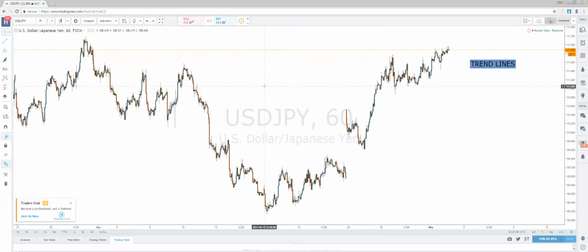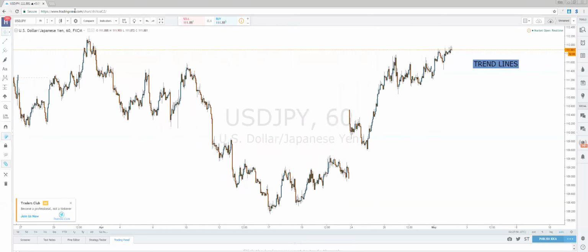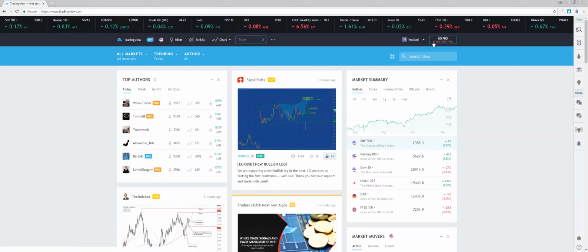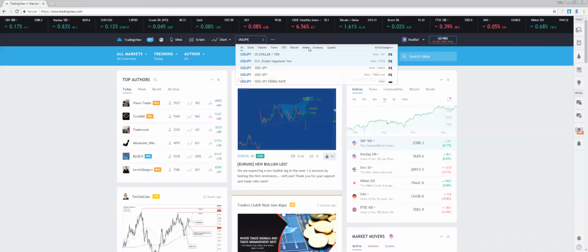So what we're looking at right now is the US dollar against the Japanese yen, and this is on tradingview.com. You can create a free account, and then once you create a free account, you can search any currency pair in the search box right here, called a ticker. I'm typing USDJPY, and you may see quite a number of them here, like 5 of them.